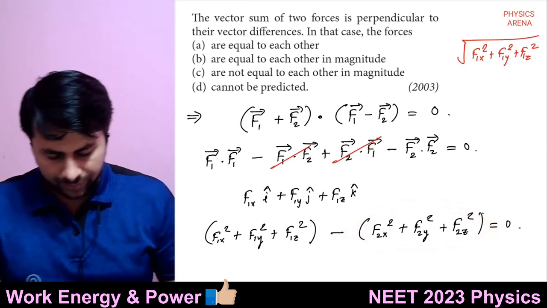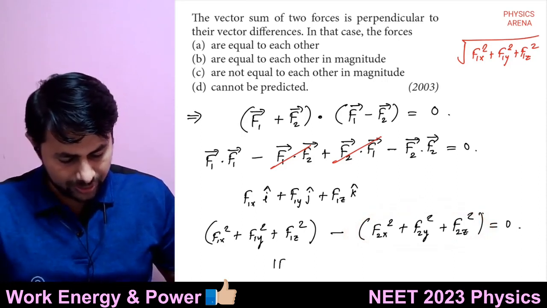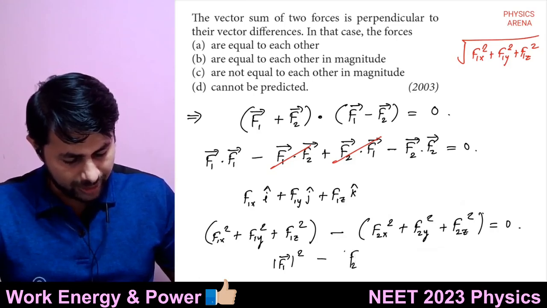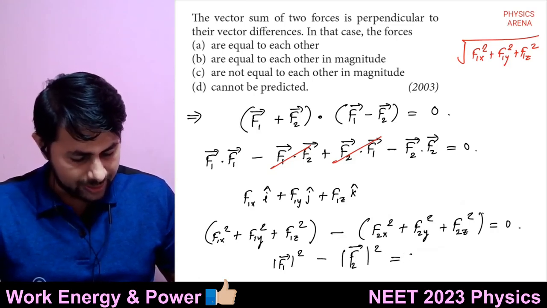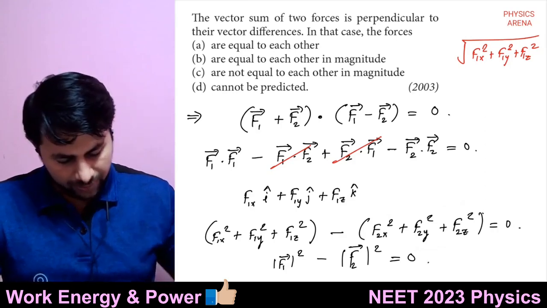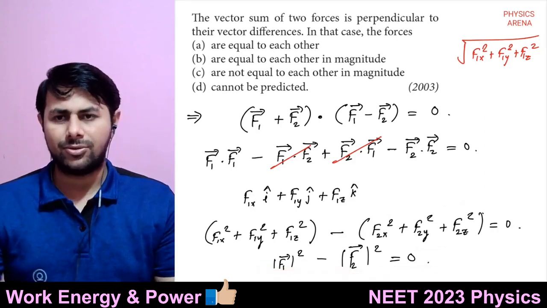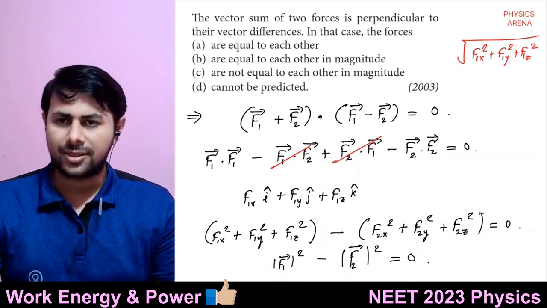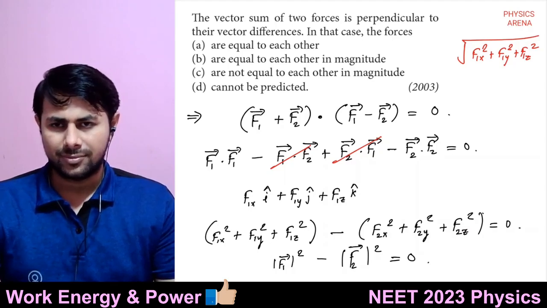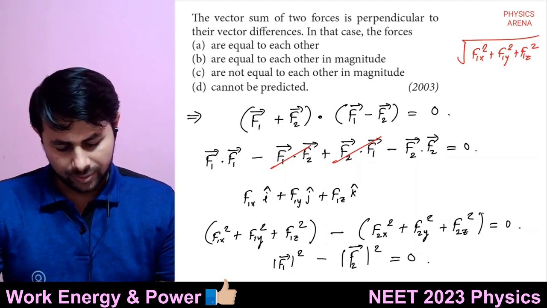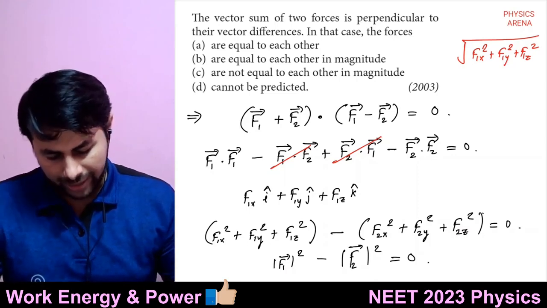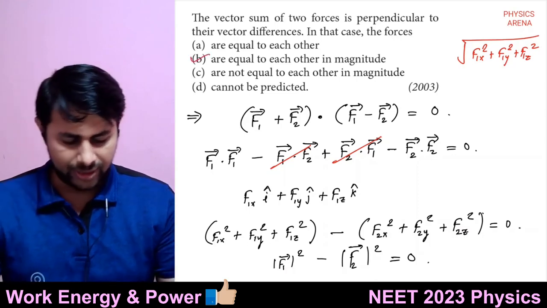So the magnitude of f1 bar square minus the magnitude of f2 bar square is equal to 0. That means their magnitudes are equal, right? So which is the answer? Yes, they are equal to each other in magnitude. Very good. So option B is the answer.